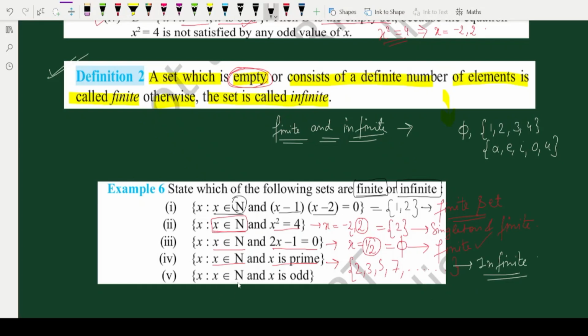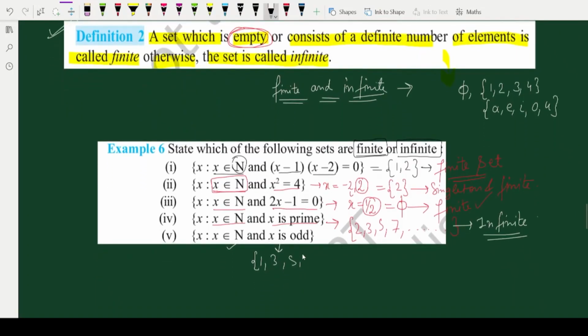x belongs to N and x is odd. This set is also infinite because natural number odds are 1, 3, 5, 7, 9 and so on. This set is also an infinite set. I hope you all understand and you all connected with that.